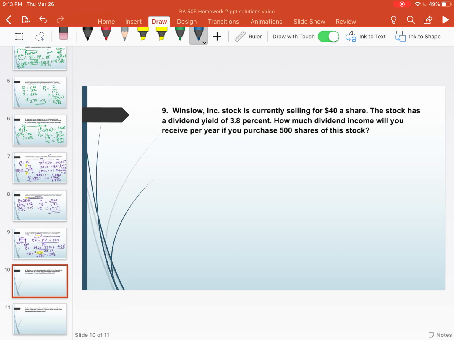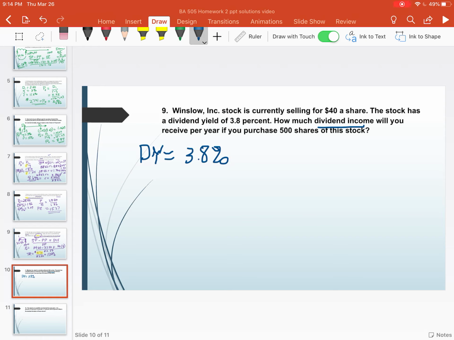The stock has a dividend yield of 3.8, so the dividend yield is equal to 3.8%. How much dividend income will you receive per year if you purchase 500 shares of this stock?